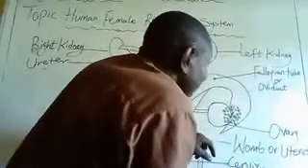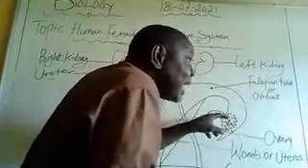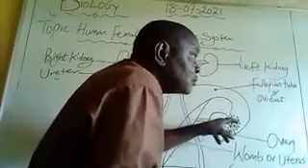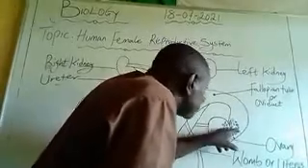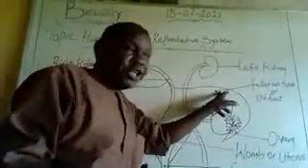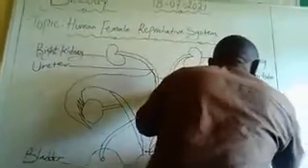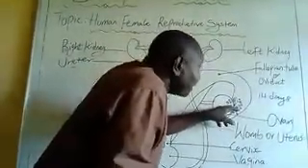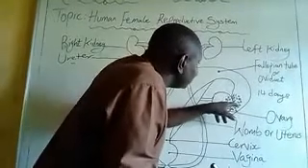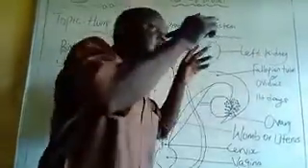When a mature egg moves from this outermost layer of the ovary, which is known as germinal epithelium, down to where we have the fallopian tube, that is what we call ovulation.